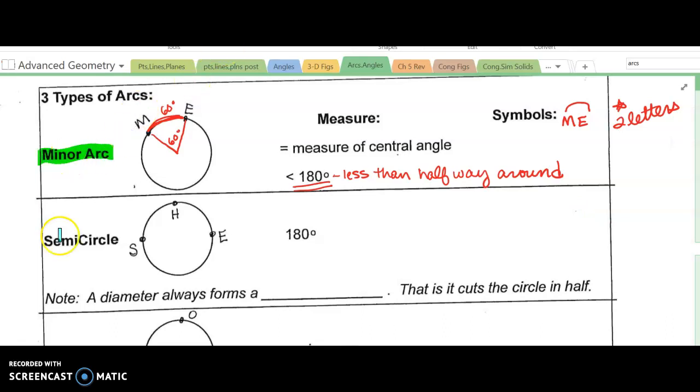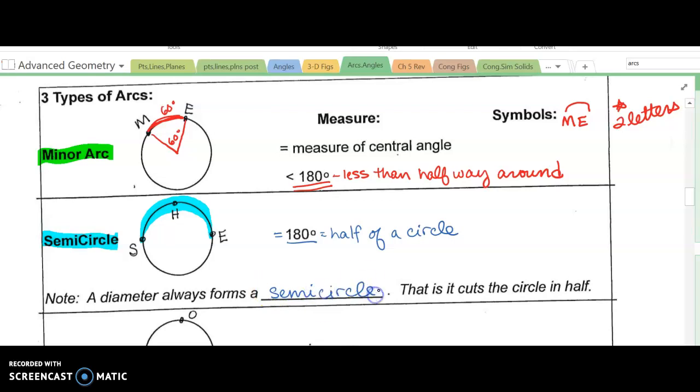Then we have the semicircle, which is exactly half of a circle. It's exactly 180 degrees, which equals half of a circle. Okay, and a diameter always forms a semicircle. What do you mean by that, Miss Benton?